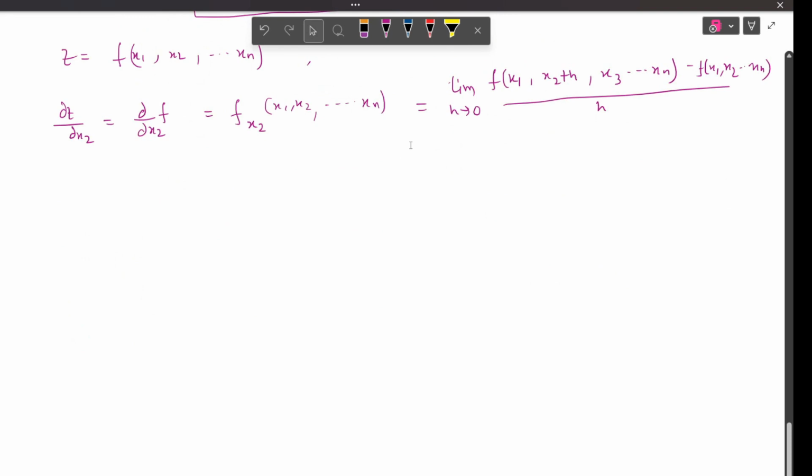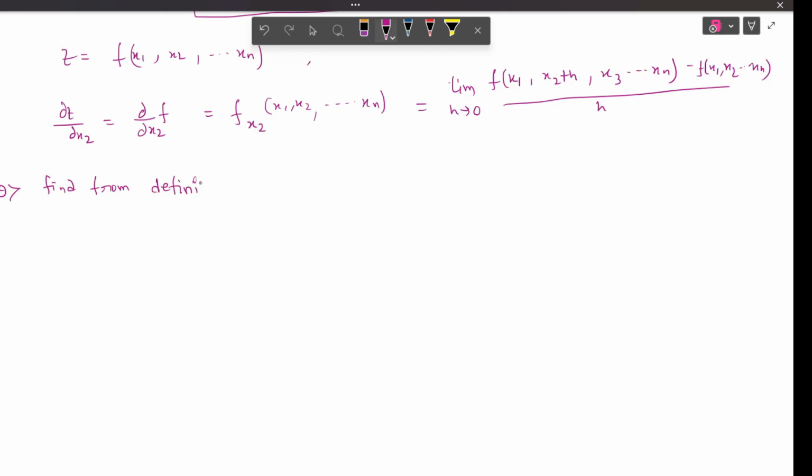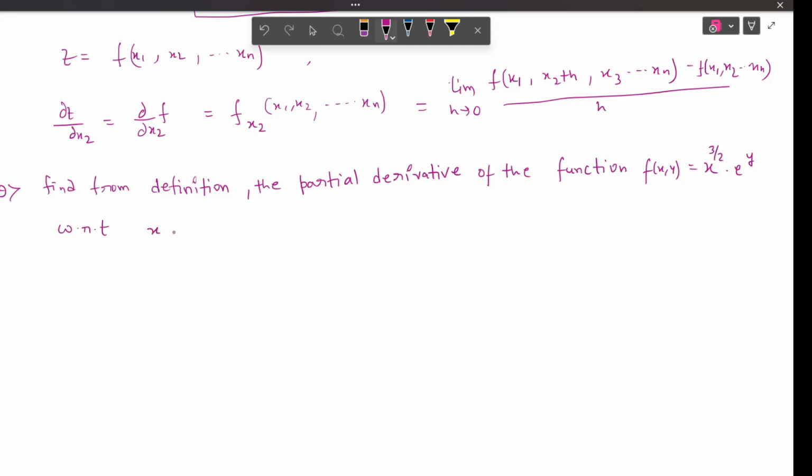The question is: find from definition the partial derivative of the function f of xy is x to the power 3 by 2 into e to the power y with respect to x at the point 1 comma 2.